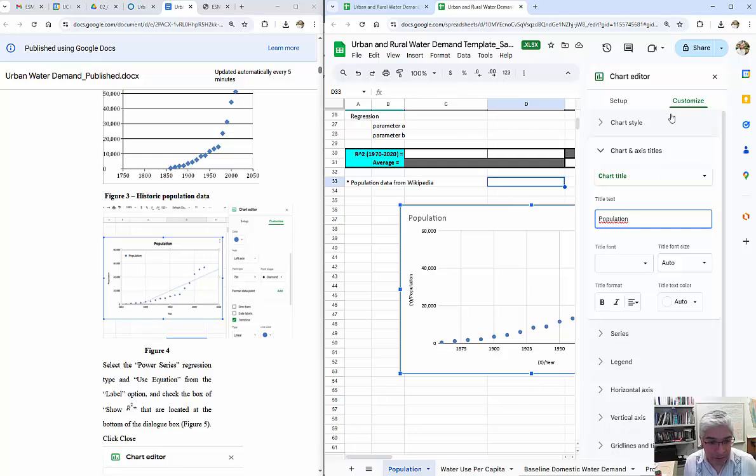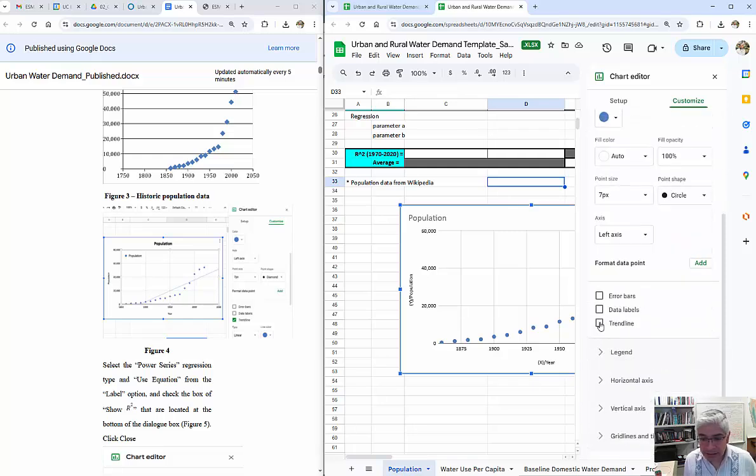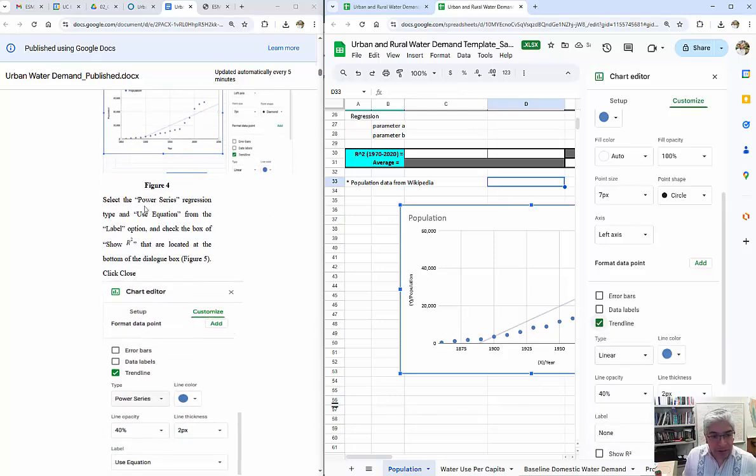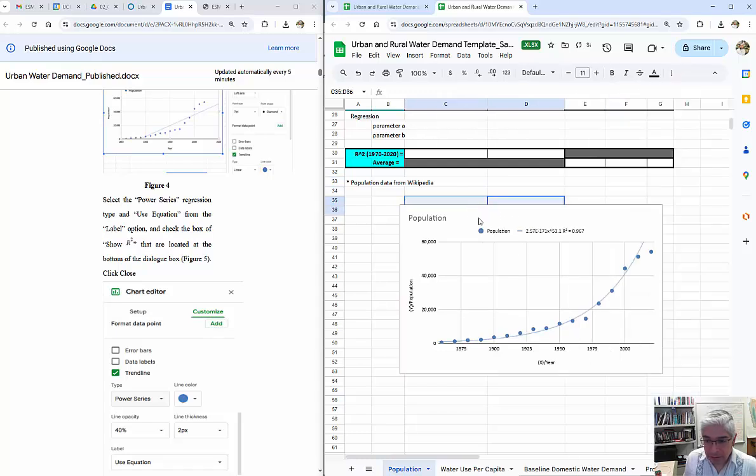So we need to go back here to customize, and then in series there is this option called trend line, and by default it comes as linear. We want to use the one that is called power series, and then in the label we want to show the equation and the R square.